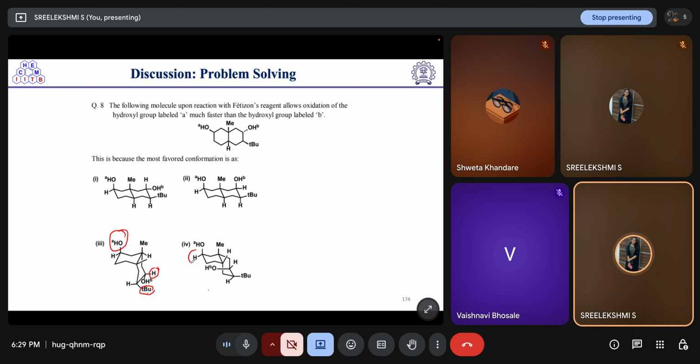But in the other case, this is also equatorial and this is also equatorial, so both have equal probability of getting abstracted and both hydroxyl groups have equal probability of getting oxidized. So we cannot explain with that conformation why this hydroxyl group reacts faster than the other. There is no particular selectivity. But here this is equatorial, so selectivity is greater, and this is a stable conformation due to the tertiary butyl group being in the equatorial position.